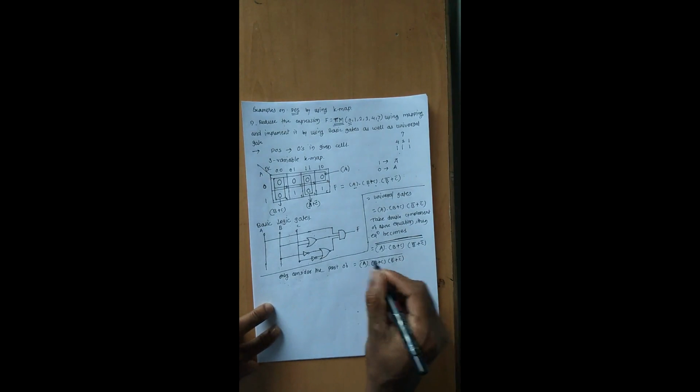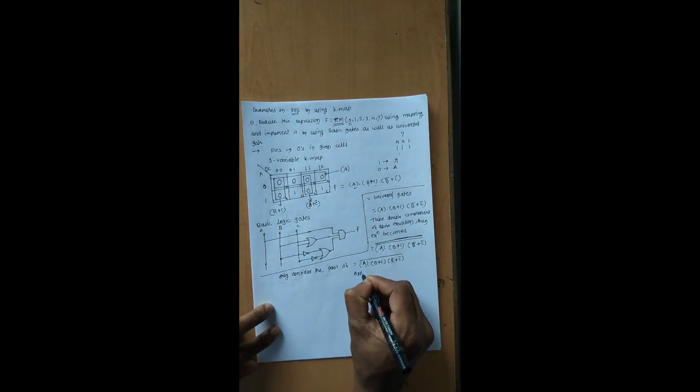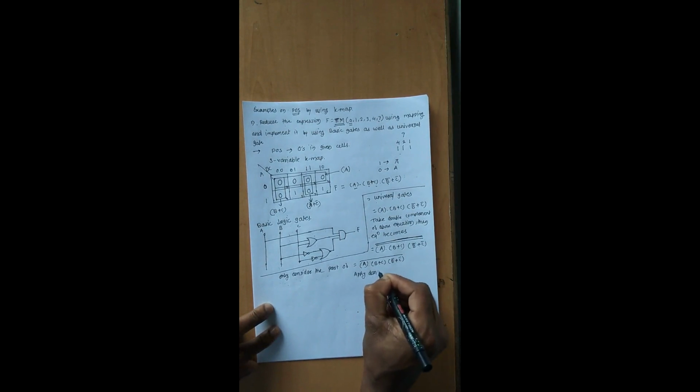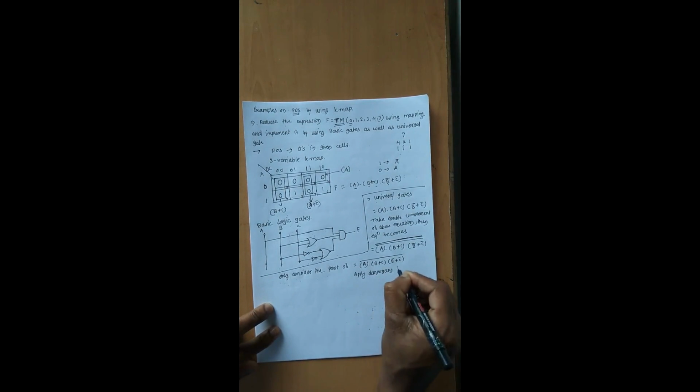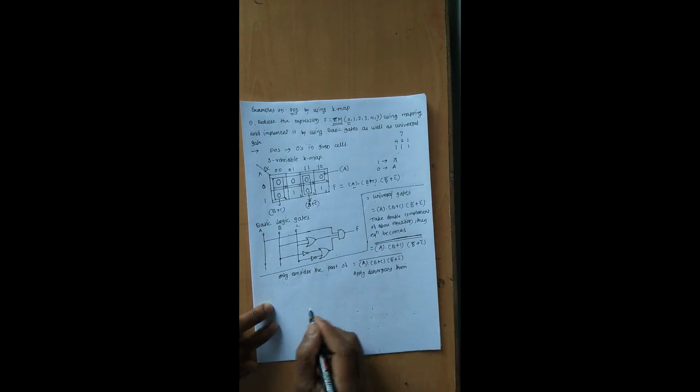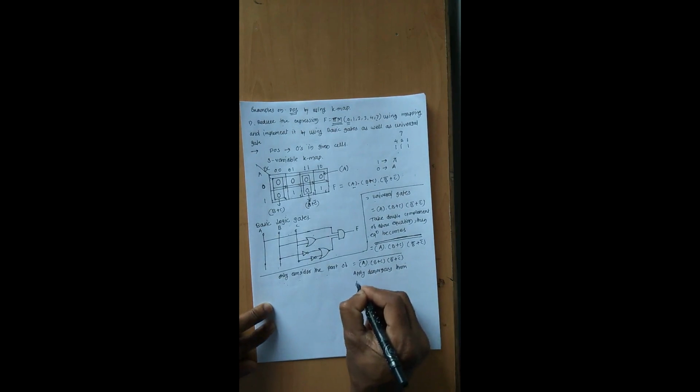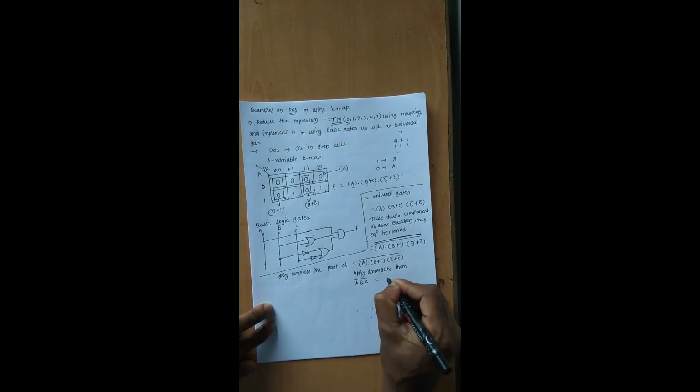So apply De Morgan's theorem to the above equation. The De Morgan's theorem gives A B bar is equal to A bar plus B bar.